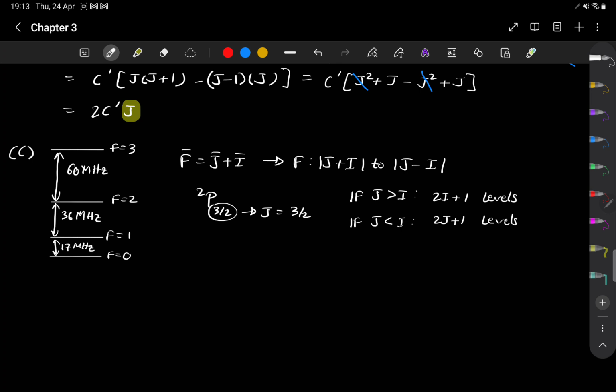Now J is given as 3 by 2, so 2J plus 1 will be 4.